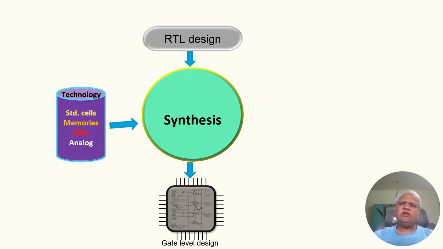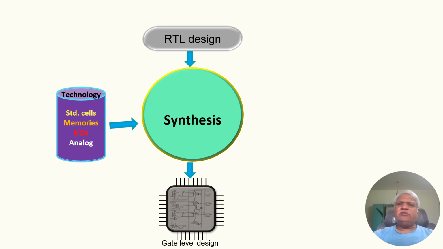This technology data, for the digital logic implementation purpose, where we are mainly discussing, needs standard cells and memories and IOs and analog blocks. Especially the memories, analog blocks, and IOs, they will be instantiated at specified locations.